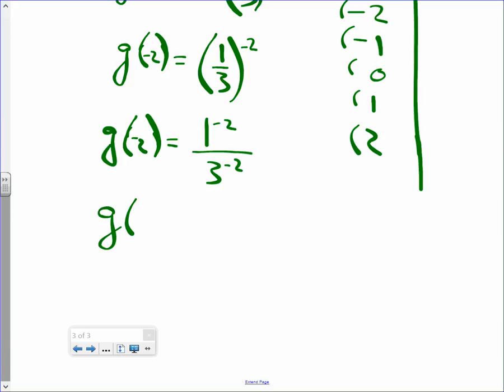So g at -2 is going to be, watch this, whatever has a negative exponent moves. So this goes to the bottom with a +2 exponent, and this will go to the top with a +2 exponent. Remember, we reciprocate. We flip that puppy.